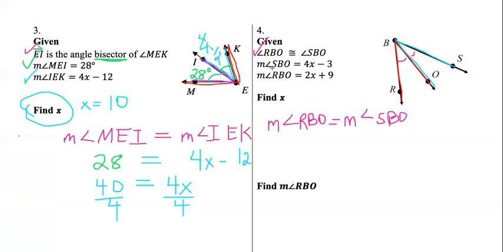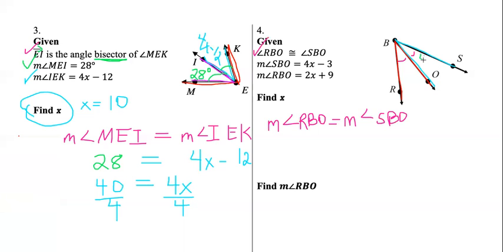All right, statement 2 says the measure of angle SBO equals 4x minus 3. So let's go to the picture first. SBO is the blue angle. See how I did that in order? SBO, blue angle.